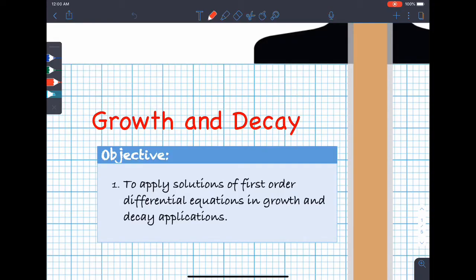For decay, there are certain substances that decay over a period of time. An example is carbon-14, which is present in living creatures and usually decays over a period of time.